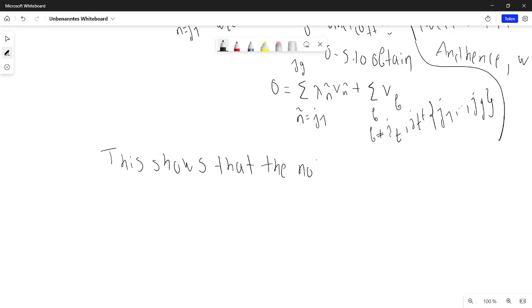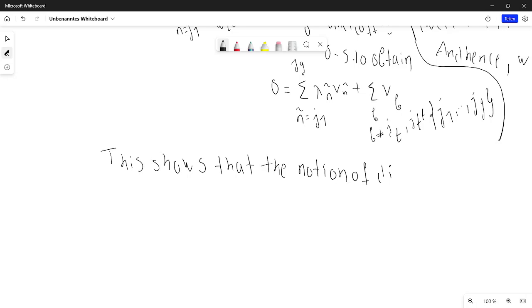This shows that the notion of dimension is well defined. So that's really a well-defined number, the number of the vectors in a basis of a finite dimensional space.